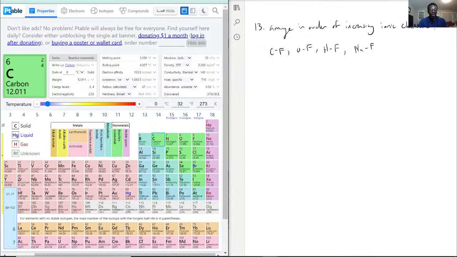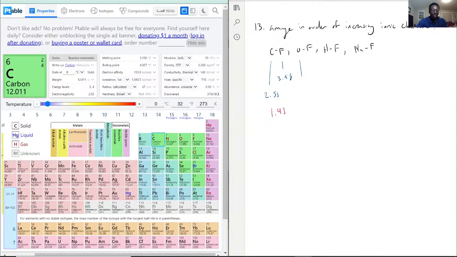Here we're just going to expand on that. We have 3.98 for the electronegativity of fluorine, which is what everyone's using here, so we're going to list out just the other one. Carbon is 2.55. So 3.98 minus 2.55, you want to know the difference. The difference here is 1.43.